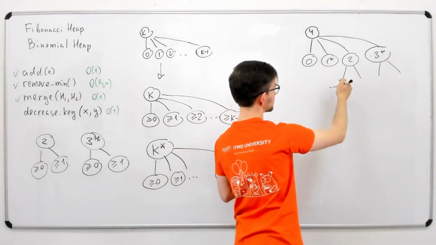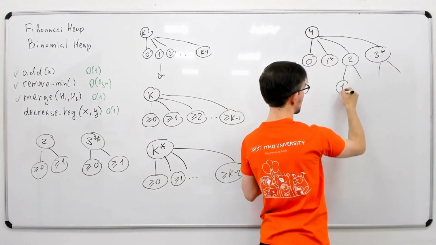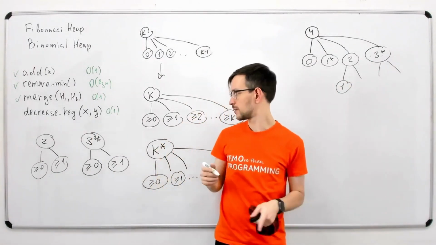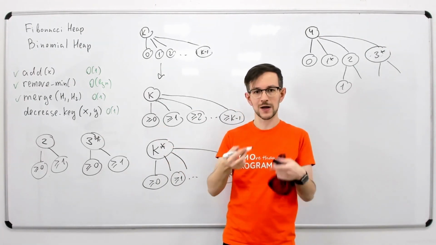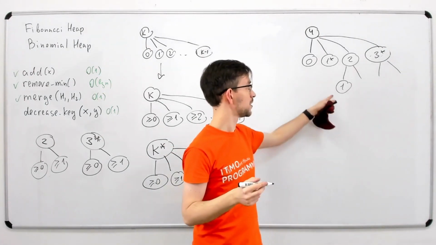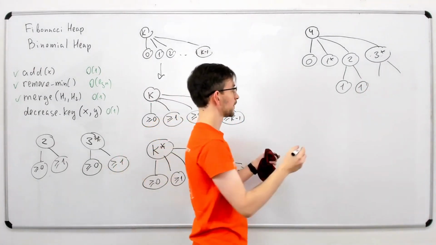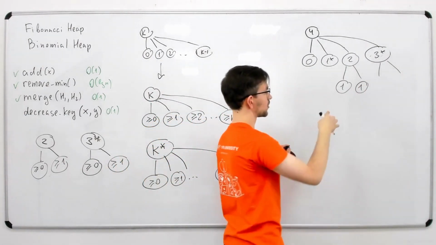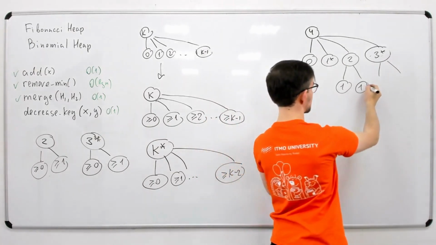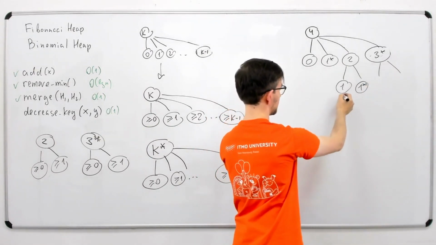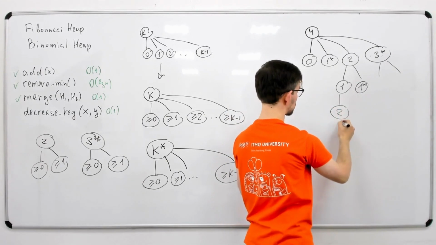And here you might have 1, why not? The leftmost child must have rank at least 0, but 1 is at least 0. So we may have two children of rank 1, why not? We may have one here and one with an asterisk here, so we may have rank 2 here actually.